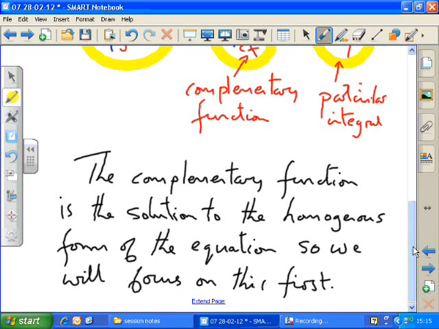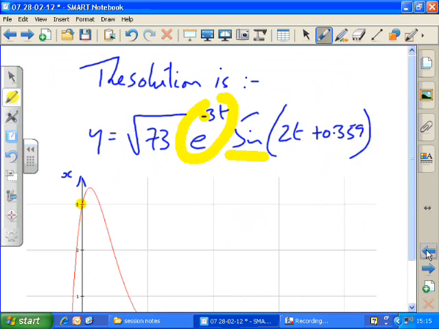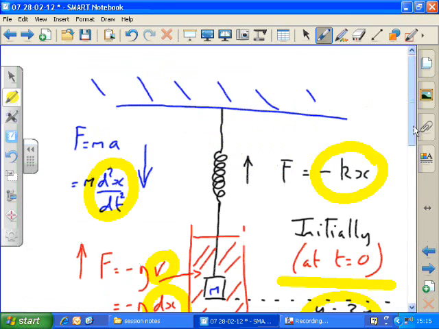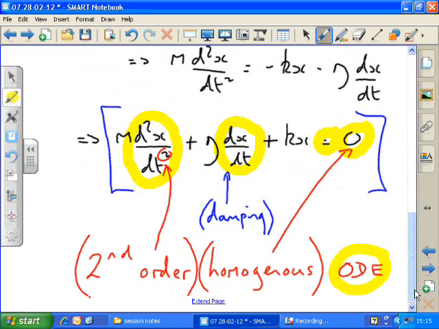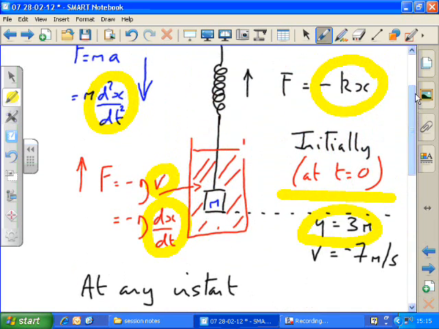The complementary function is a solution to the homogeneous form of the equation, in other words when the right hand side is 0. So we're going to focus on this part first. We're just going to focus on finding the complementary function effectively. In other words, we're going to be solving second order differential equations where the right hand side is 0. And in this example that we looked at at the start, that would be a free oscillation.